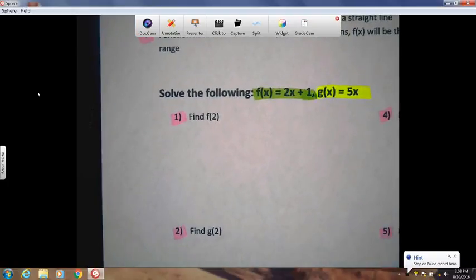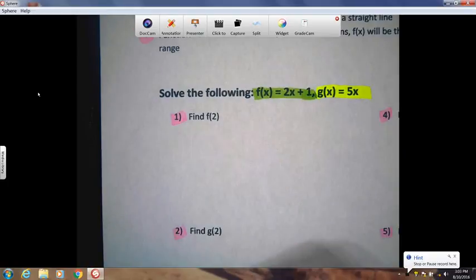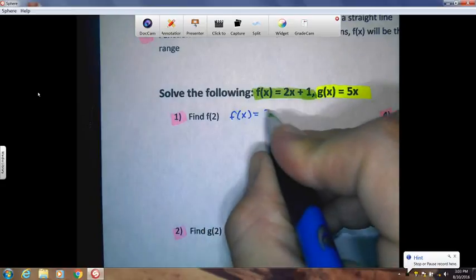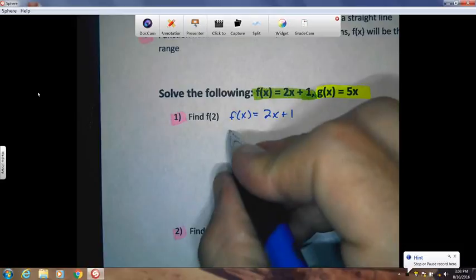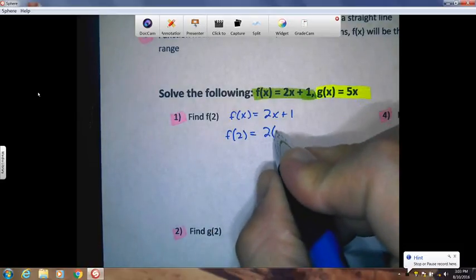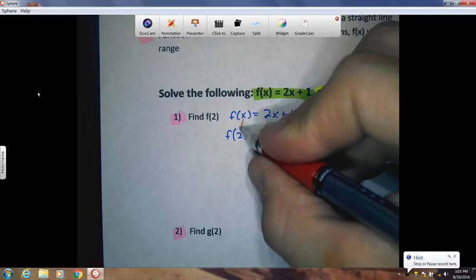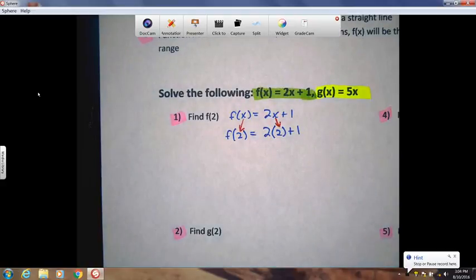Okay, so f of 2. Because it's f, I'm using the f function. So f of x is equal to 2x plus 1. If I want to do f of 2, that's 2 multiplied by 2 plus 1. Notice how everywhere there was an x, I replaced it with a 2.